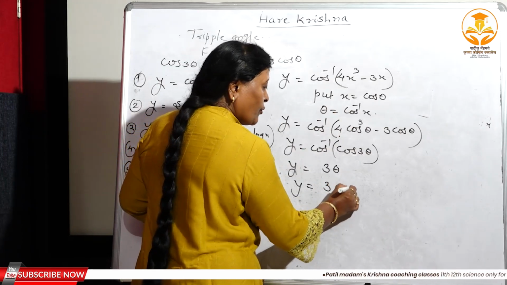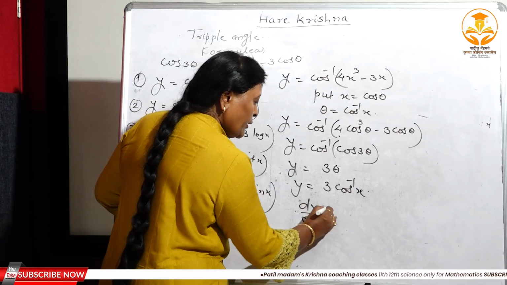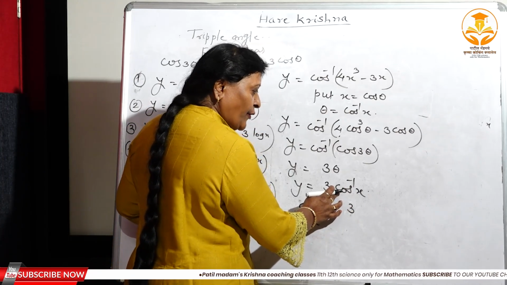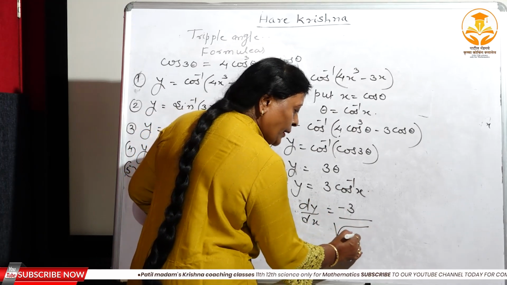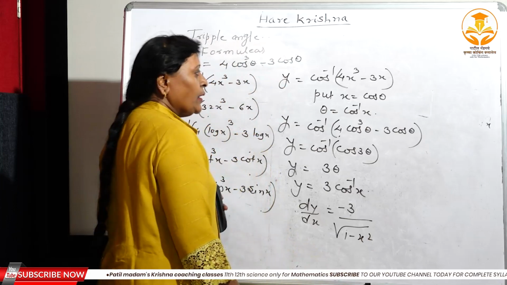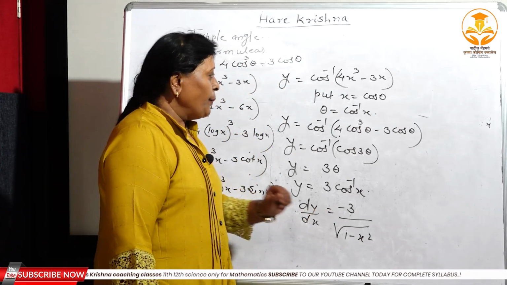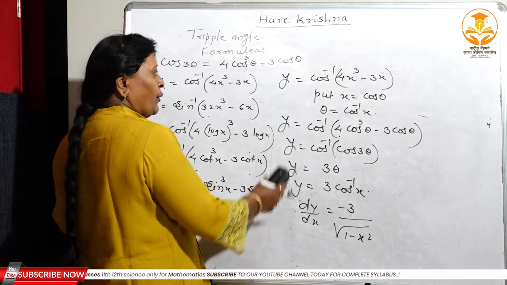What is theta? Cos inverse of x. Therefore, dy by dx, 3 remains as it is. The derivative of cos inverse x is minus 1 upon root of 1 minus x square. Therefore, the result is minus 3 divided by root of 1 minus x square. So, here you have got the result.